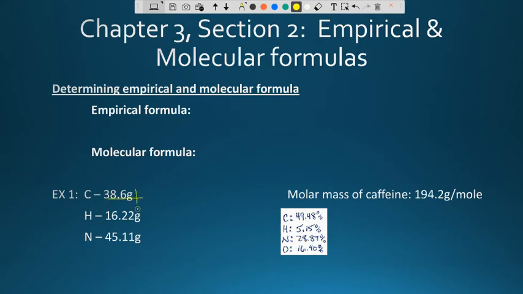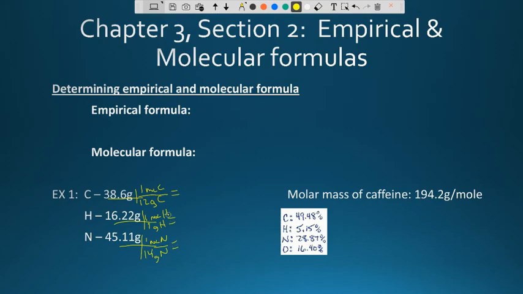Well, let's convert everything to moles. So to do that, I have 12 grams for every mole of carbon. I have 1 gram of hydrogen for every mole of hydrogen. And lastly, I have 14 grams of nitrogen for every 1 mole of nitrogen. Okay?